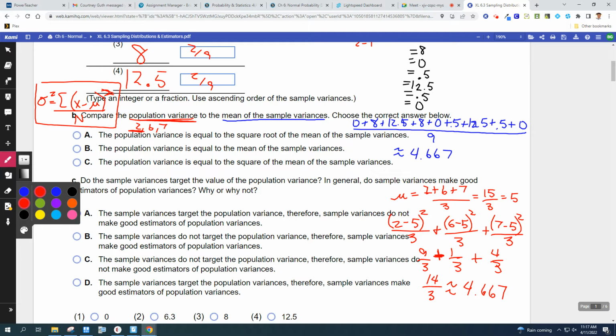And so where are we at here? Population variance is equal to the mean of the sample variances. Yeah, that's the one.